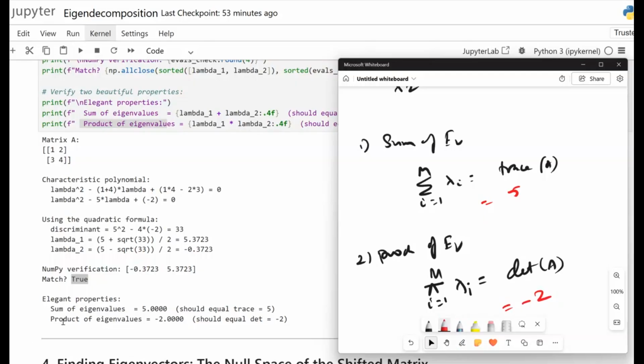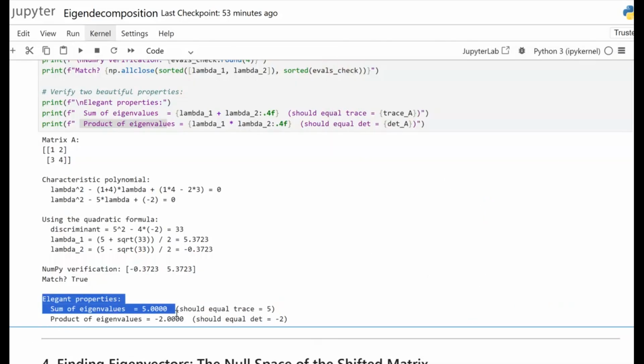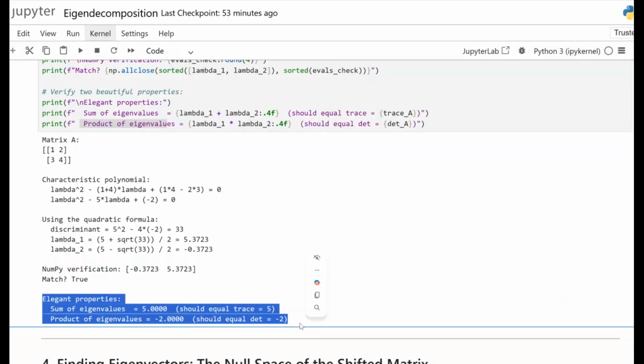So that is what we obtained here. Sum of roots is the trace, and product of roots is the determinant.